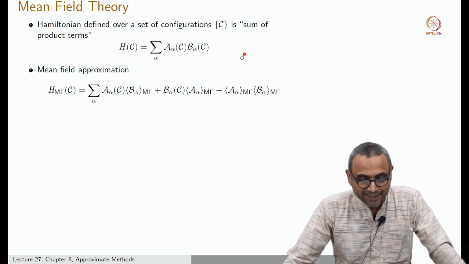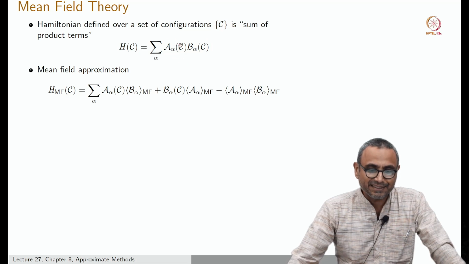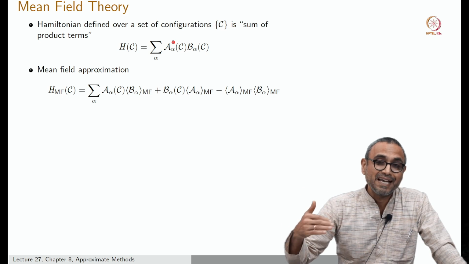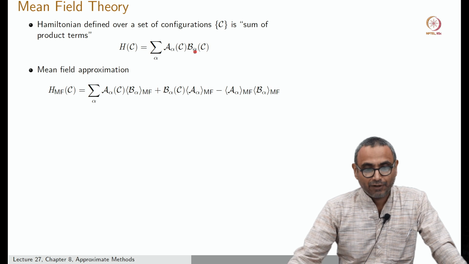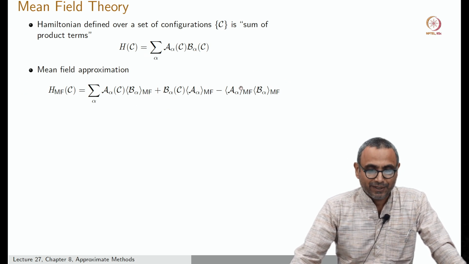And from here, by using the mean field approximation, by thinking of this A as a sum of a mean field plus a fluctuating term and ignoring the correlations between fluctuations of A and B, we were able to write down the mean field Hamiltonian.